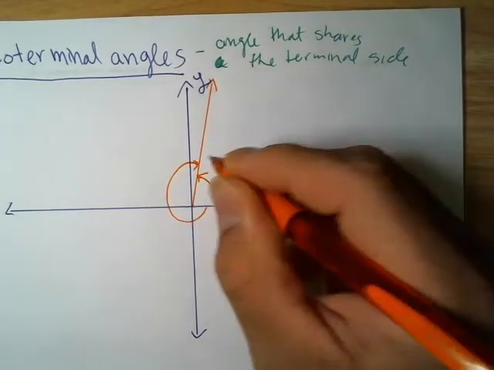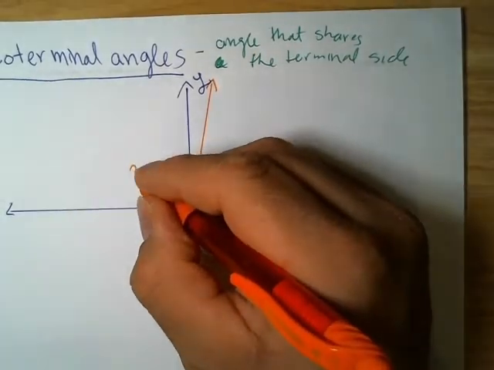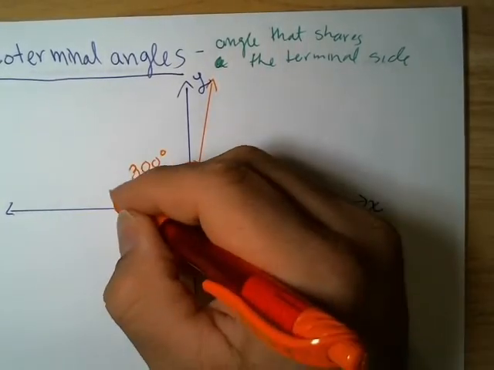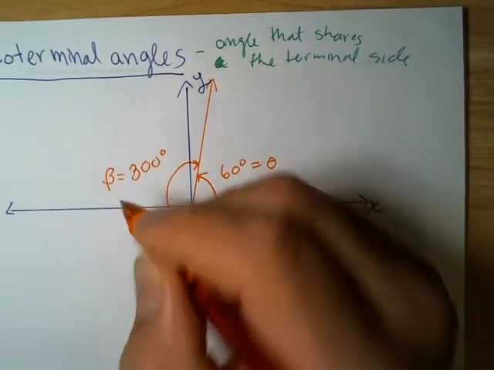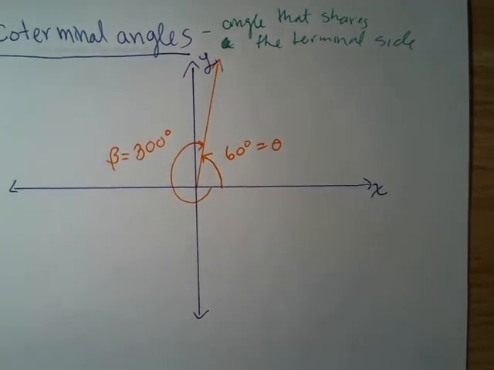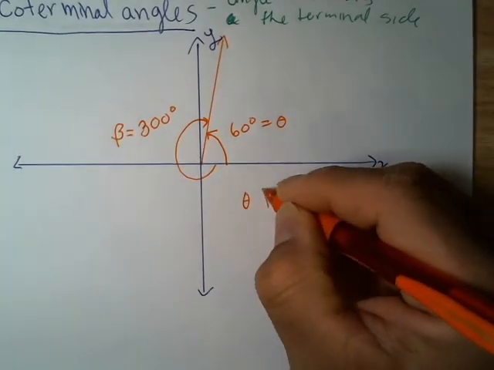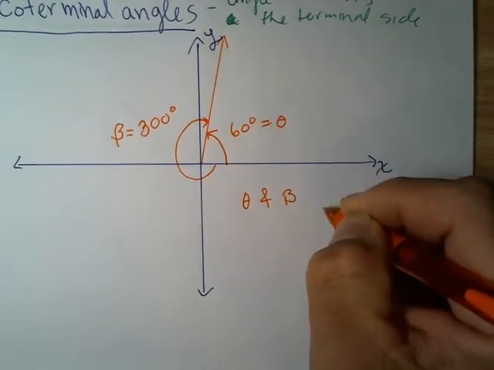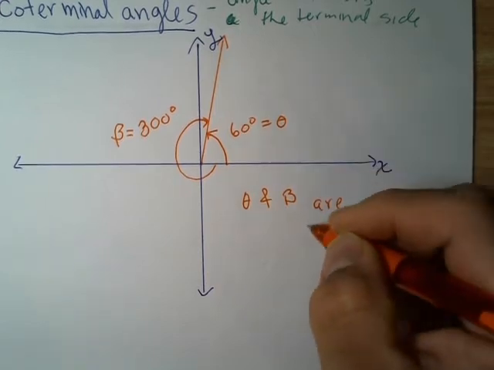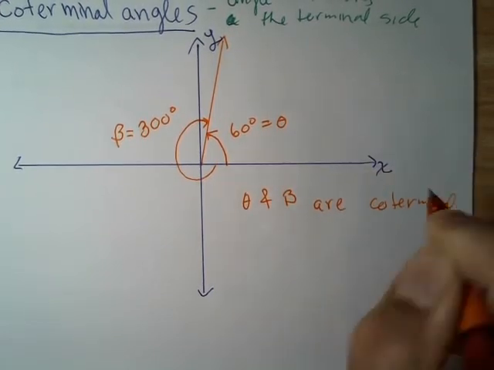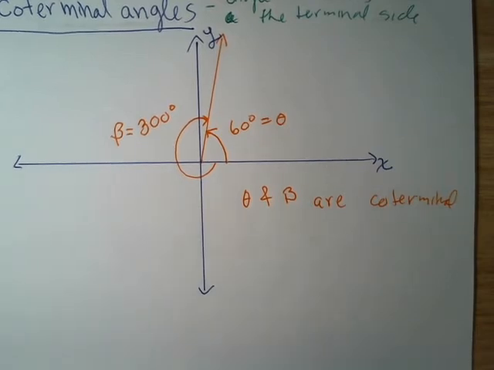Since one revolution is 360, this angle would be 300 degrees, and we'll call this beta. Here we could say that theta and beta are coterminal. They share the same terminal side.